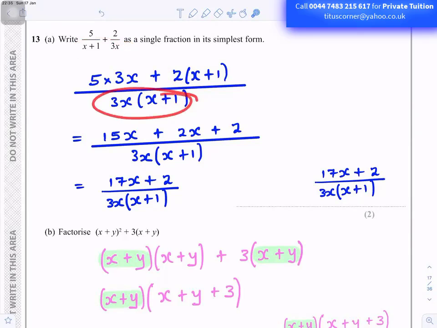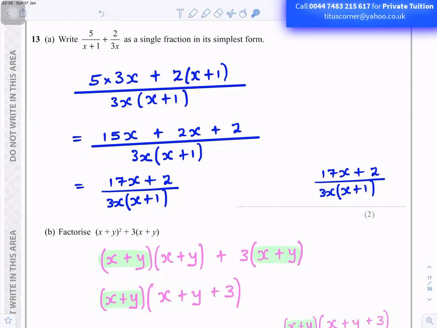So you're following that pattern like that, the upside down table. If a table is like that, the upside down table is like that. So you're multiplying 5 times 3x plus 2 times x plus 1, divided by 3x times x plus 1.